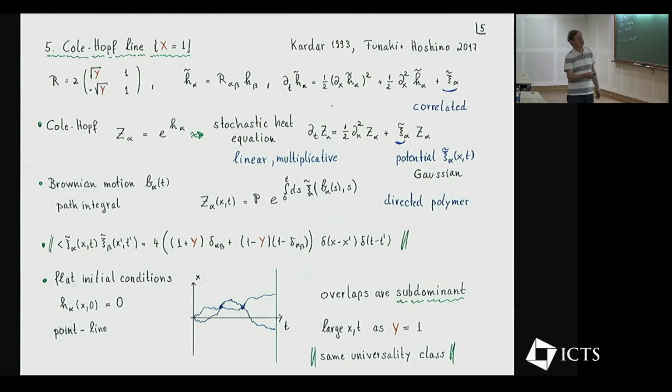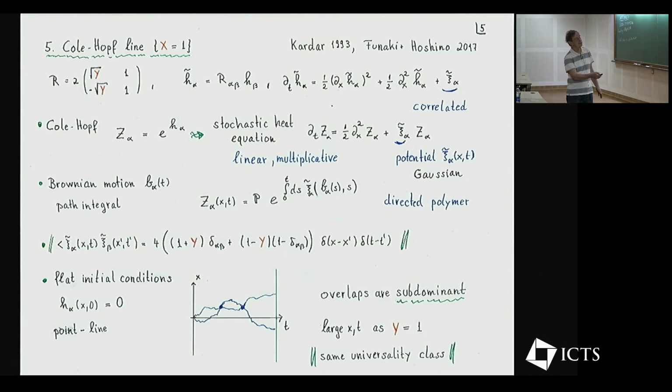Of course, when you have this Schrödinger equation, it's also generated by Brownian motion. So you write down the path integral for this thing. I just wrote down the action, with some factor to get the x of t, but it's not so important.